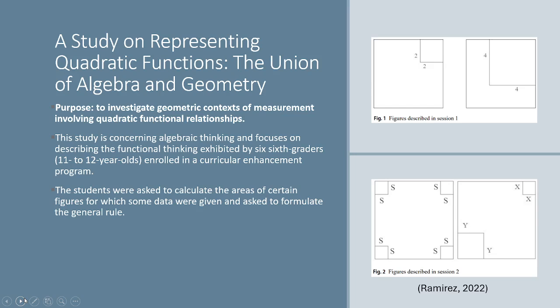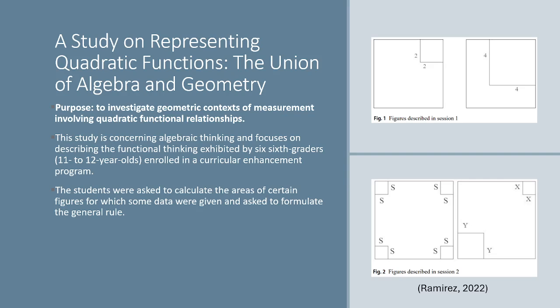The purpose of this study was to investigate geometric contexts of measurement involving quadratics, their functional relationship. This study was concerning algebraic thinking, and it focuses on describing the functional thinking exhibited by sixth grade students enrolled in curricular enhancement programs.